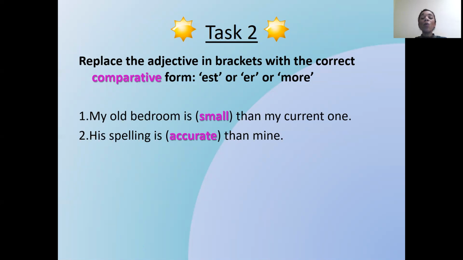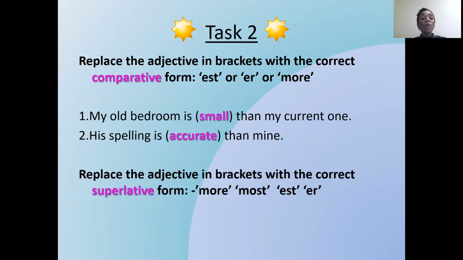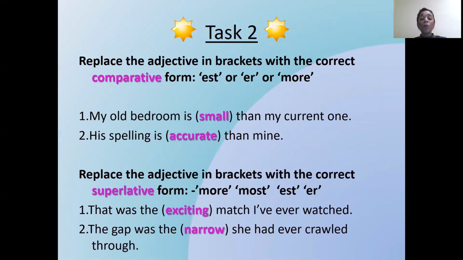So I'd like you to look at the word small and change it so that it's grammatically correct. I'd like you to do the same with number 2. Once you've done that, you can have a look at the other two at the bottom where you've got to use the superlative form. More, most, EST or ER. Here you go.